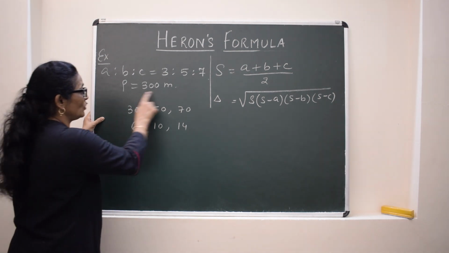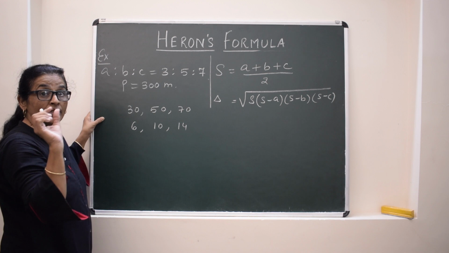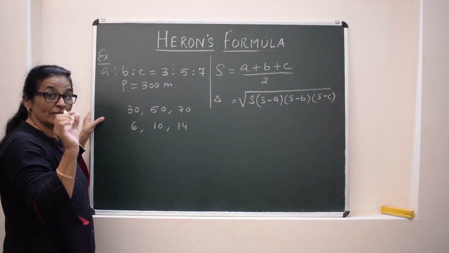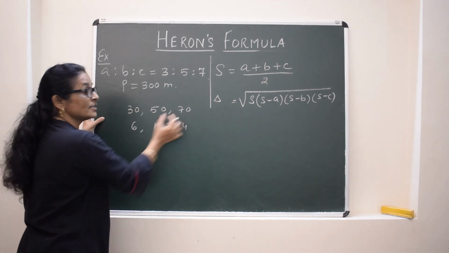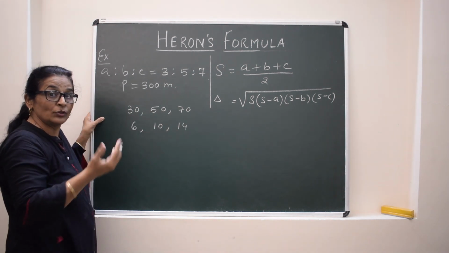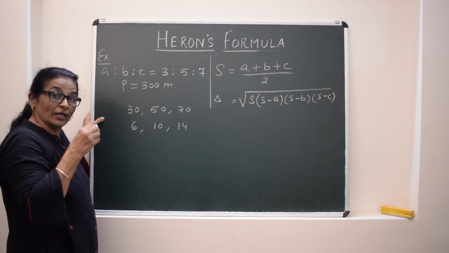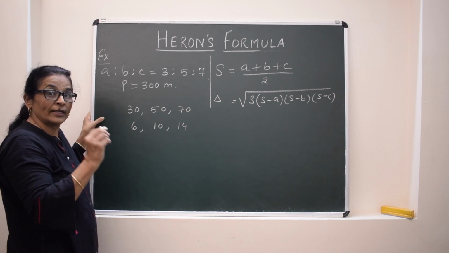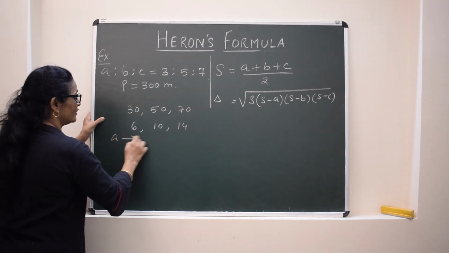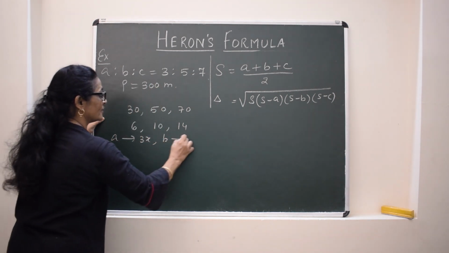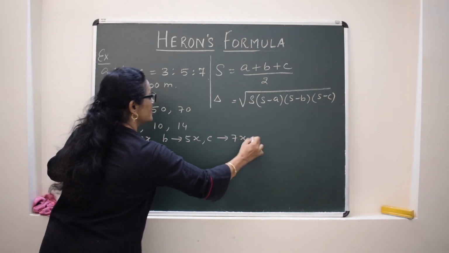So what are we observing here? With this ratio, there is a constant quantity which has to be multiplied with each number to get these sides. That constant we don't know, so we will assume it. Suppose for any x, the sides are 3x, 5x and 7x.